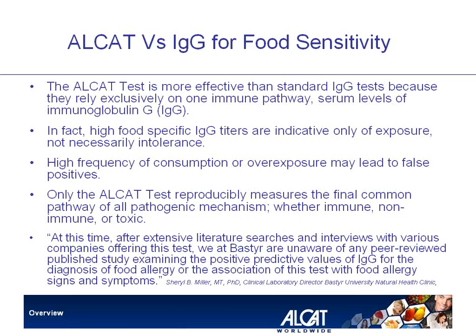If there's no exposure, even in a celiac patient, if you take someone who's severely sensitive to gluten off gluten for 6 months and do an IgG test, they will show up negative to gluten when it's quite clear that they have a severe reaction to gluten. The ALCAT test is not dependent upon exposure and can even pick up reactions which are genetic. And therein lies the major difference between ALCAT and IgG testing.